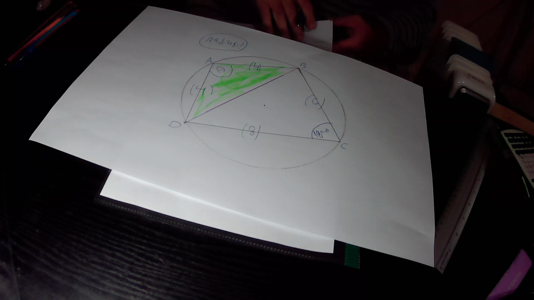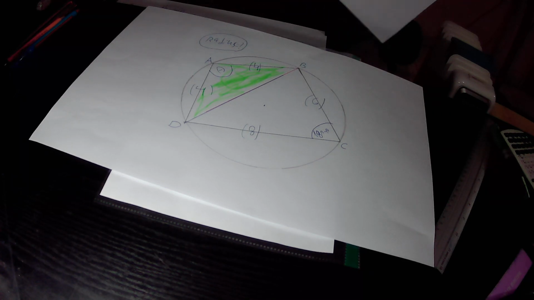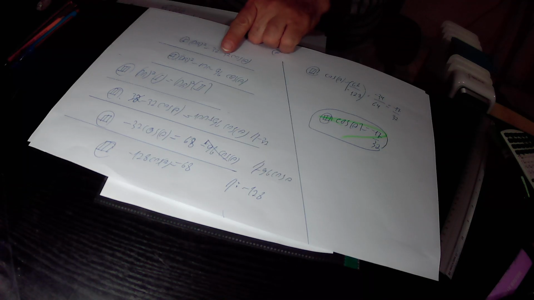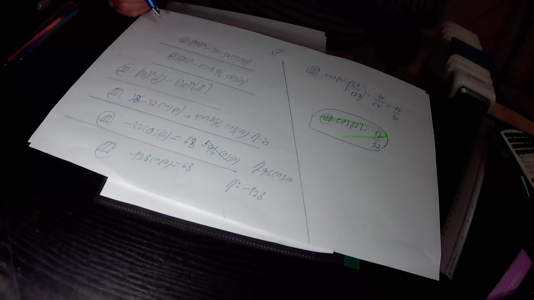According to equation 2, DB square equals 100 plus 96 times cosine theta.